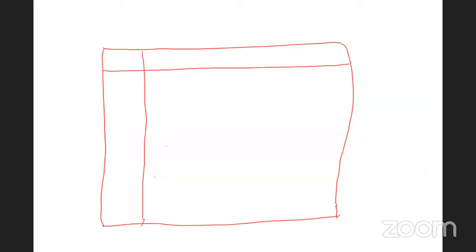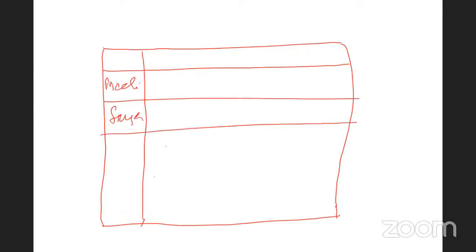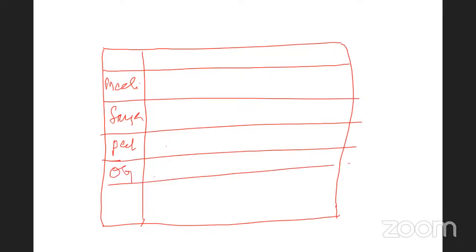So in that case, what you should do is list out all the specialties: medicine, then surgery, then comes pediatric, then OG. So this is how you go on writing.